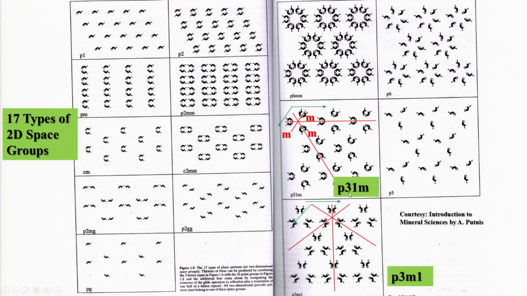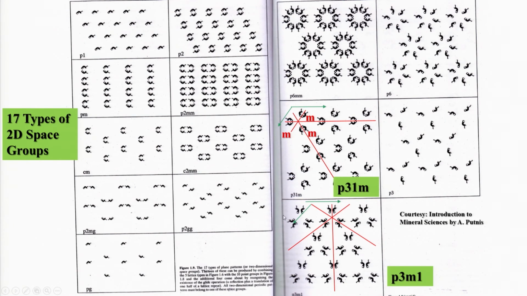The 1 comes before m. So, when 1 comes after 3 and before m, it means the vertical mirror plane is essentially parallel to at least one translational direction, this one or this one.